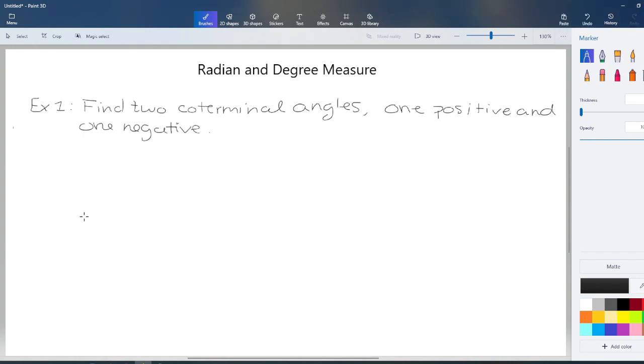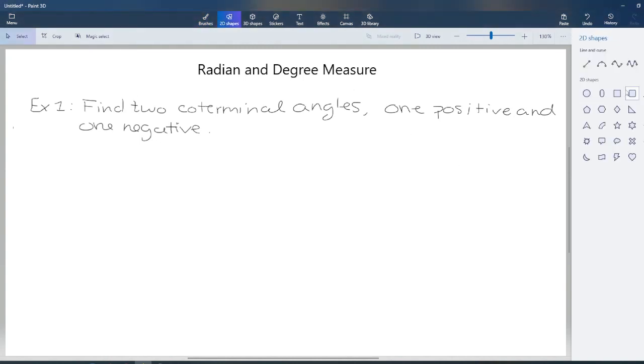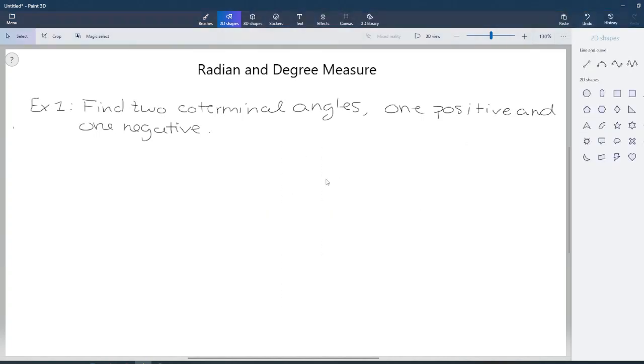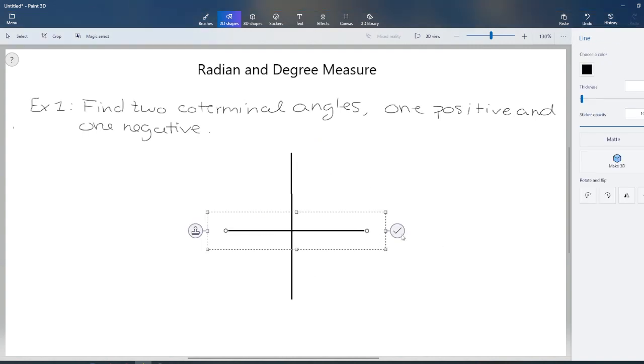We're going to look at two coterminal angles: one angle that is a positive coterminal angle, just meaning it's a coterminal angle whose measure is given as a positive number, and one negative coterminal angle, right? So that's meaning that it's opening up in a clockwise way or pointed down.